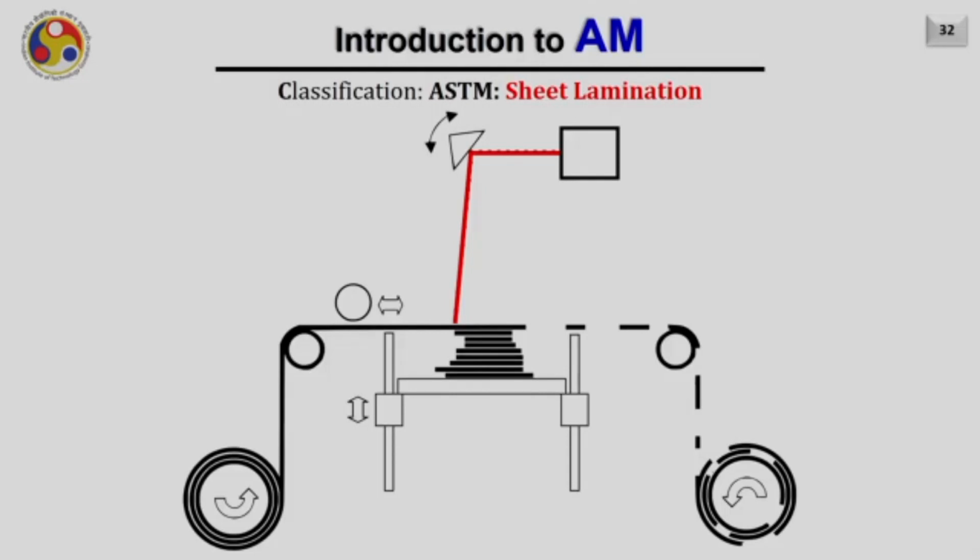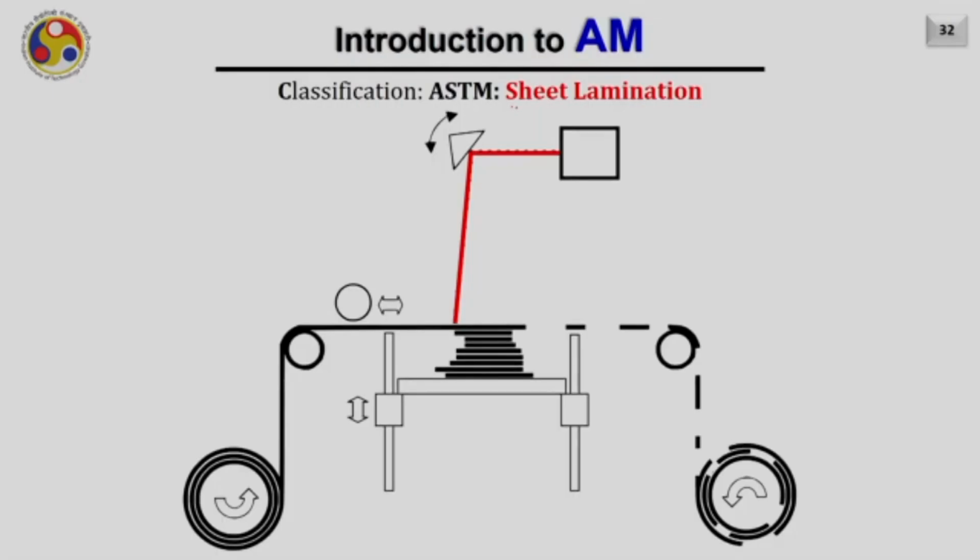Next is sheet lamination. In the case of sheet lamination, the raw stock is in the form of sheets. You can appreciate one thing immediately: if I stack layers of sheets one over another, you will end up making either cubes or cuboids. If you really need an object to be made, you need a cutting operation parallel to that.